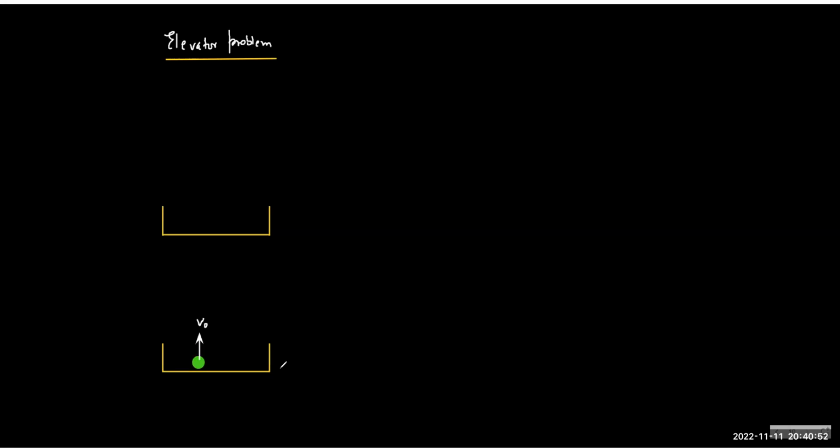At the same time, the elevator starts accelerating upward with acceleration a naught, or simply let's call it a. So let me write down the entire literature.